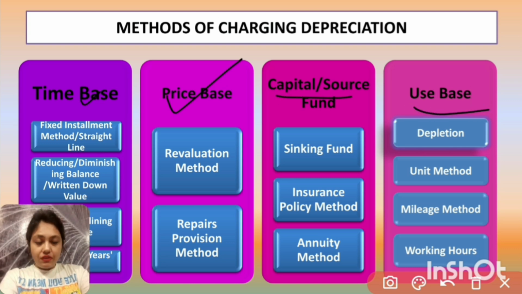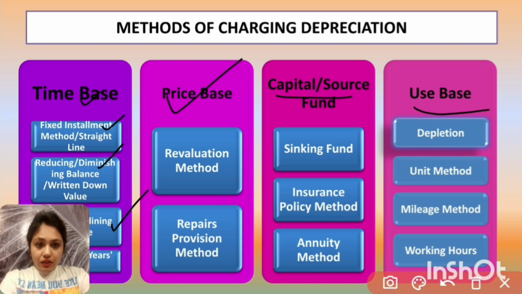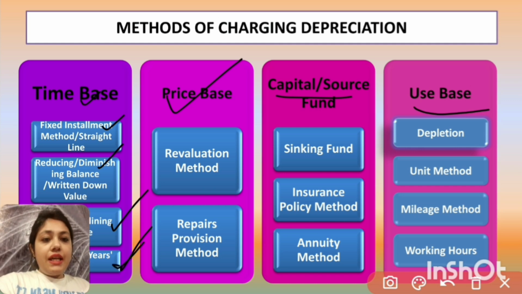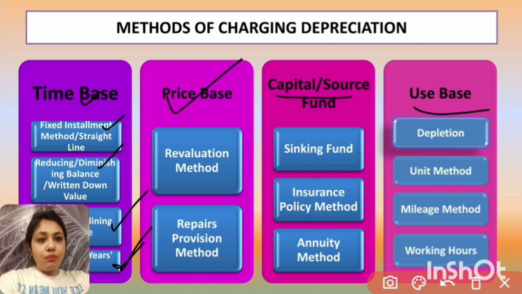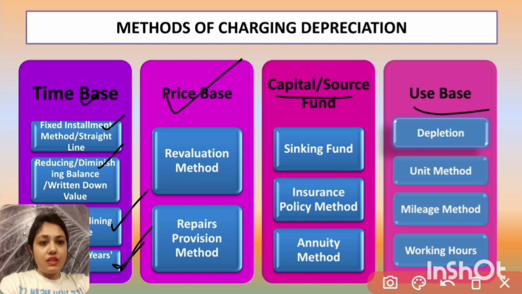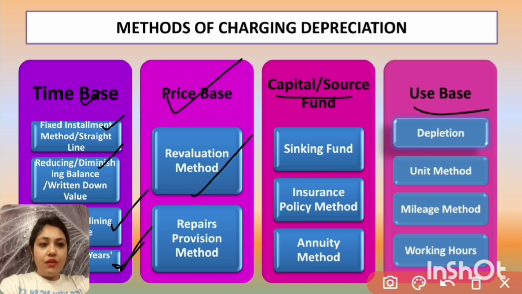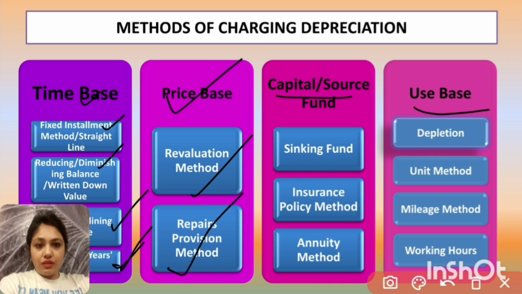In time base we have the fixed installment method or straight line method, then we have the reducing or diminishing balance, written down value, then the double declining method, and last is the sum of years digits, right? Next we have the price base. In price base we have two categories. First is the revaluation method, then the repairs provision method.